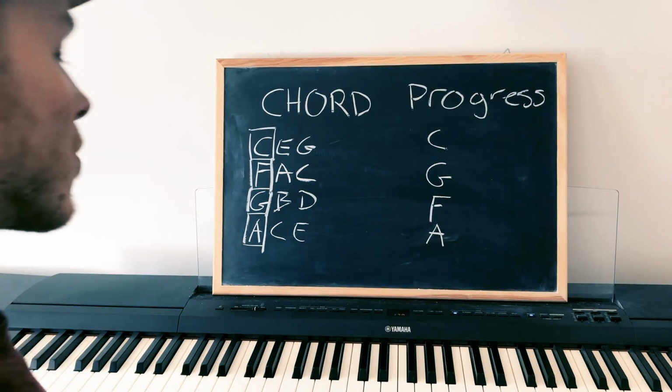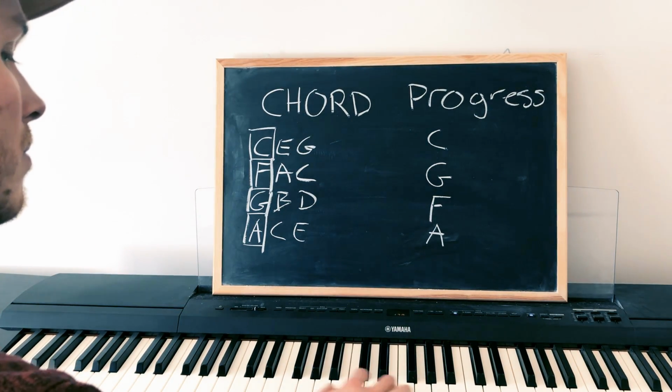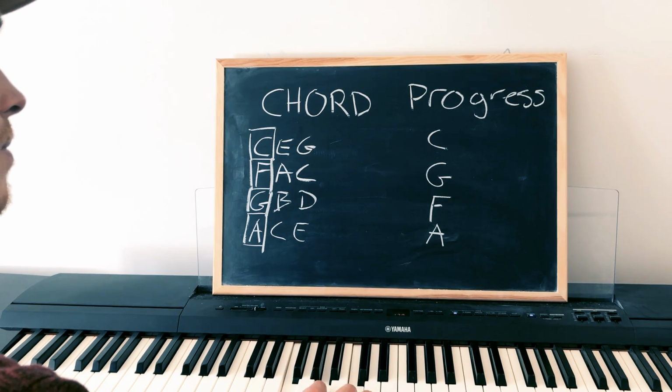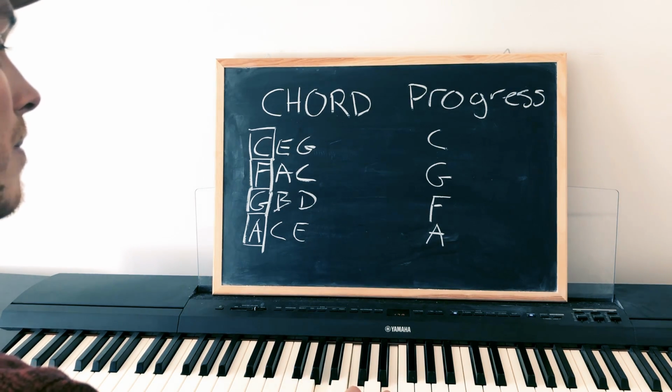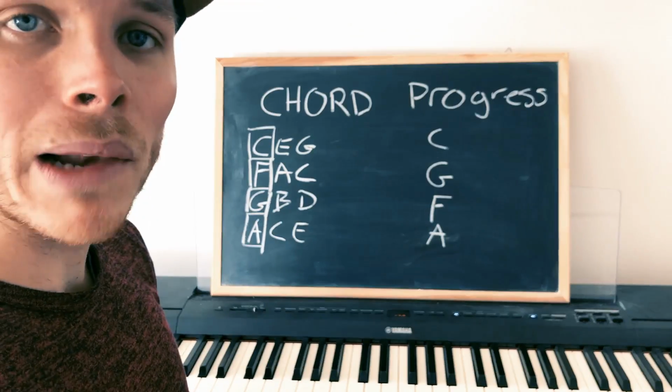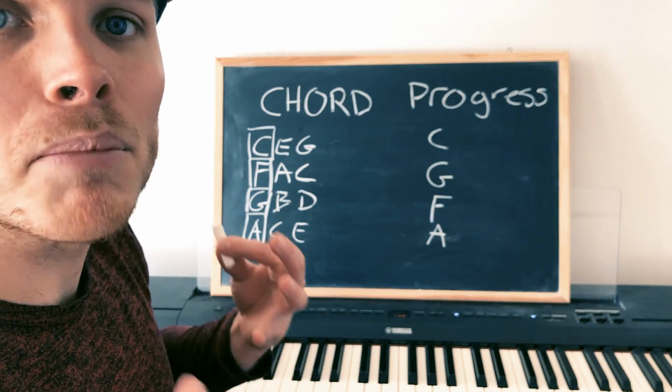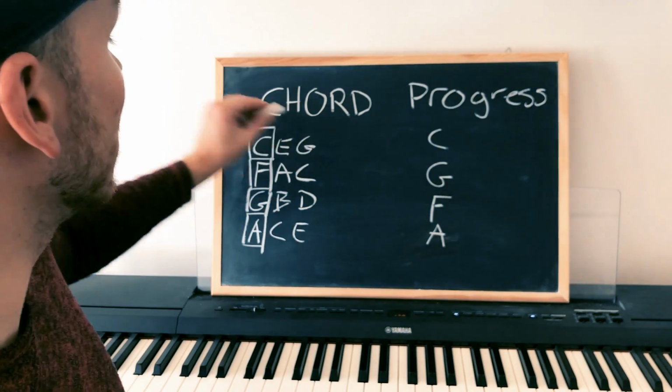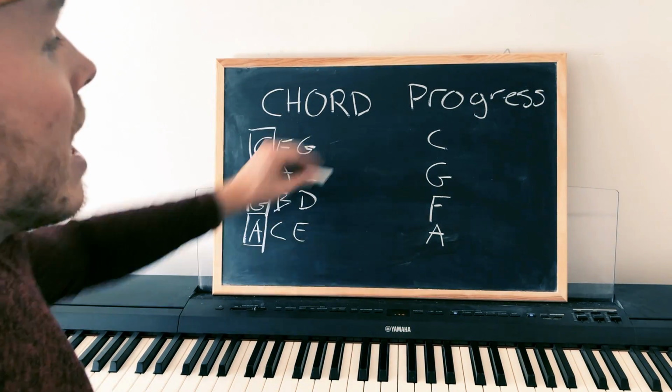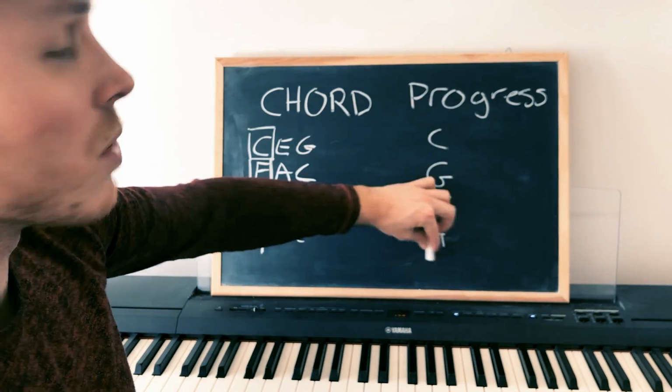Okay, so we can try that on the piano. Okay, and now I played what we call a chord progression. Why? We have a few chords and we are progressing through the chords.